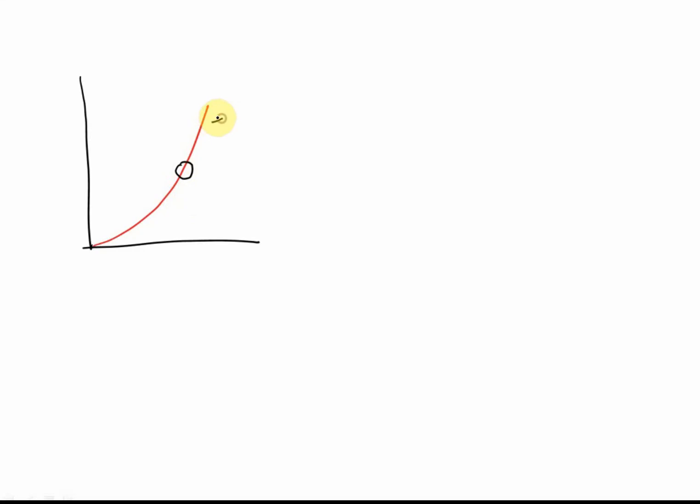We know that this curve is defined by the function y equals 1/2 x squared. That's the curved path function. This is x, this is y. Let's say this object reaches this position when x is 2 meters. So in this case, this is my r.